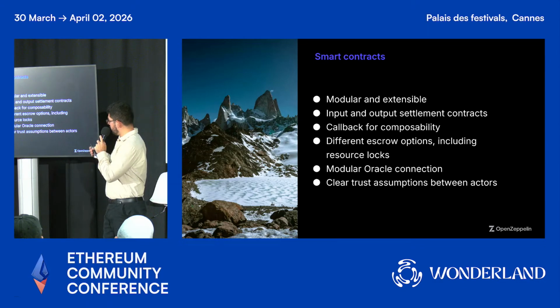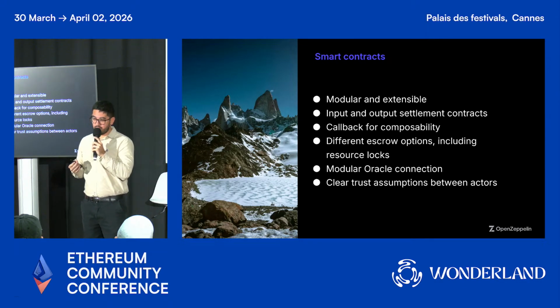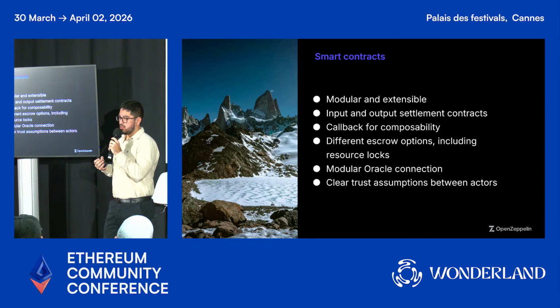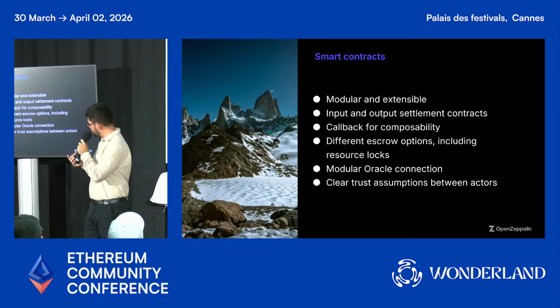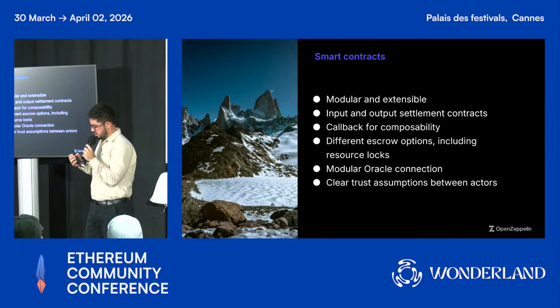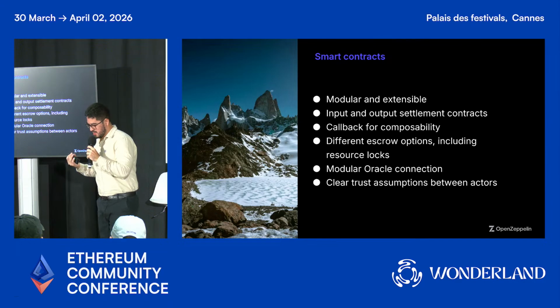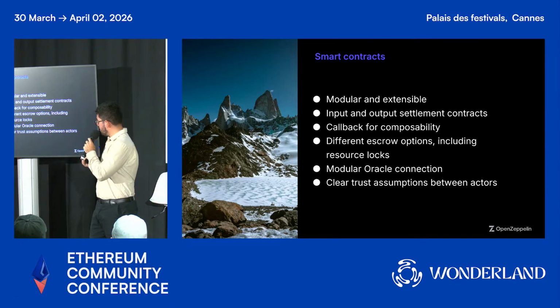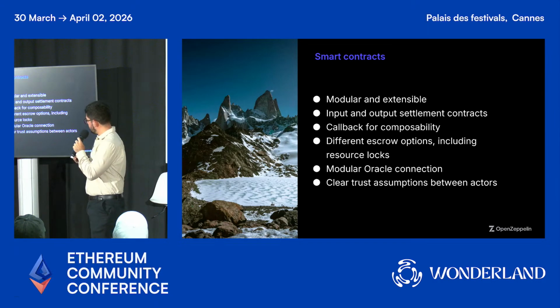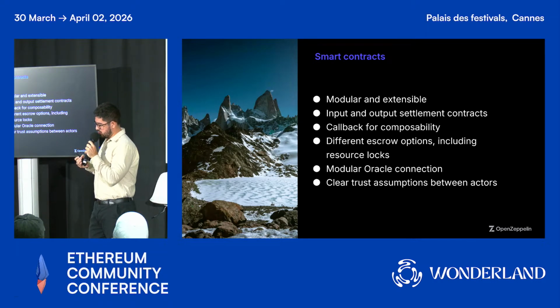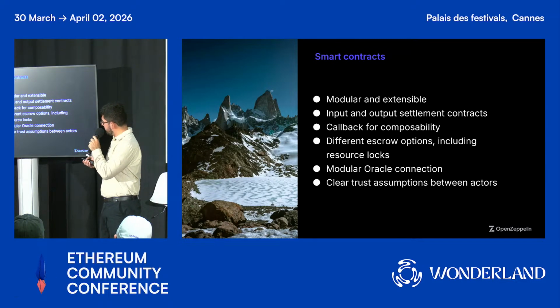We have different escrow options. We have resource lock from the Uniswap people, something called, I forget the name, the Compact. And for escrow, we have permit transactions, and so, it's like 8004, if I'm not wrong.